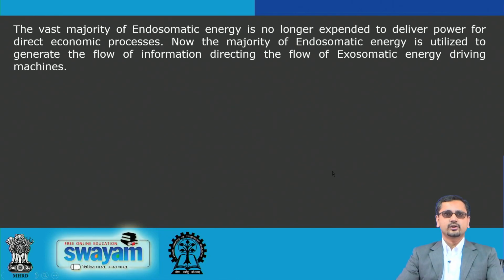The vast majority of endosomatic energy is no longer expended to deliver power for direct economic processes. Now, the majority of endosomatic energy is utilized to generate the flow of information, directing the flow of exosomatic energy in terms of driving the machines.